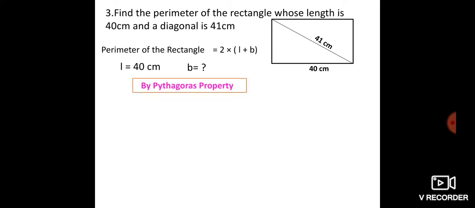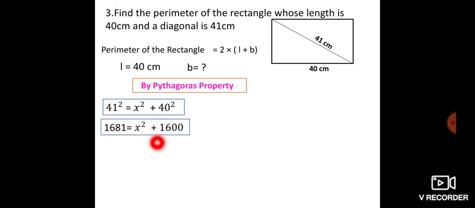By Pythagoras property, we know hypotenuse square equal to sum of squares of legs. Here hypotenuse is 41 square, equal to x square plus 40 square, taking the unknown length as x. 41 square is 1681, equal to x square plus 40 square, which is 1600.